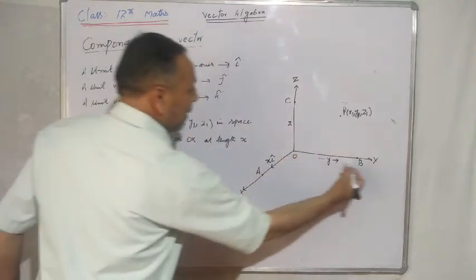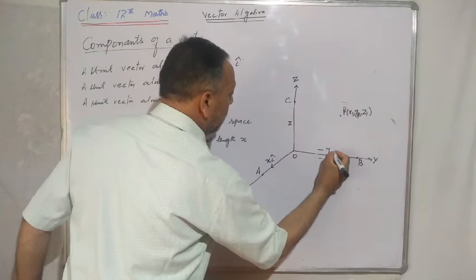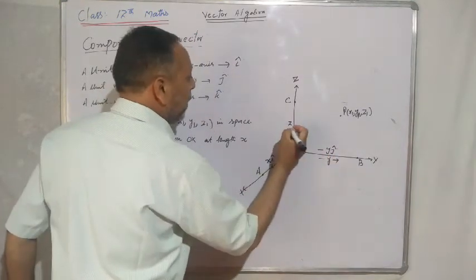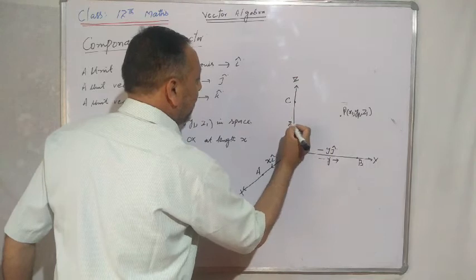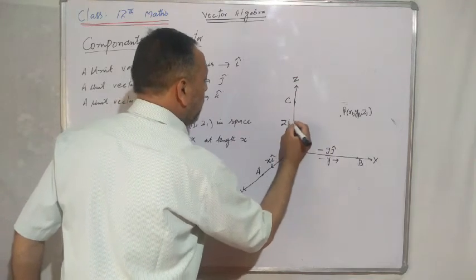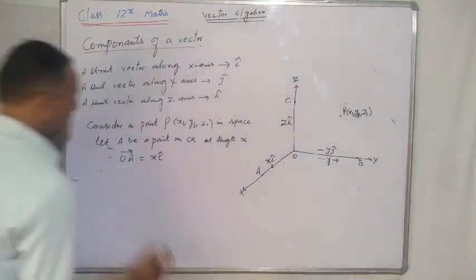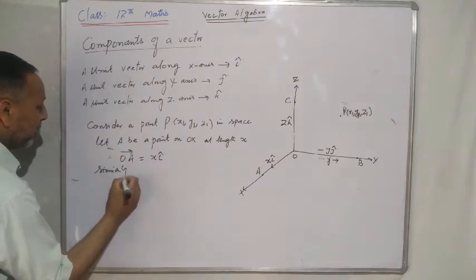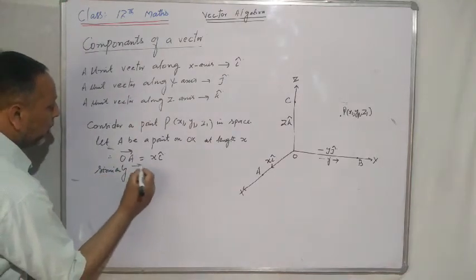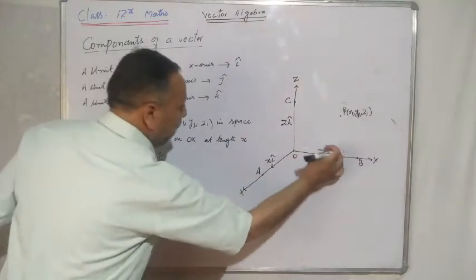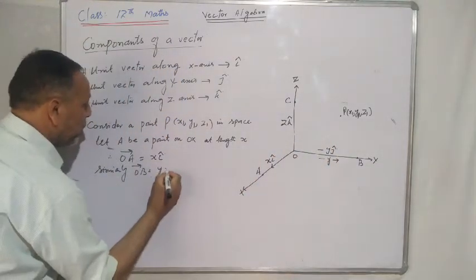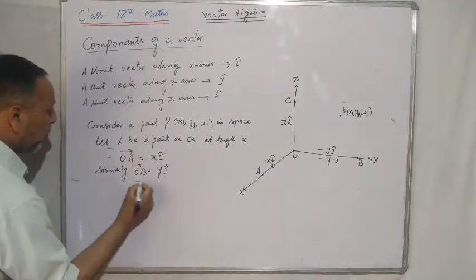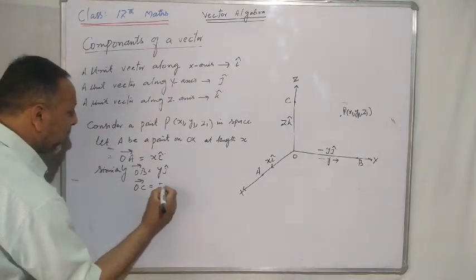Similarly, vector OB will be equal to yj cap, and vector OC will be equal to zk cap.